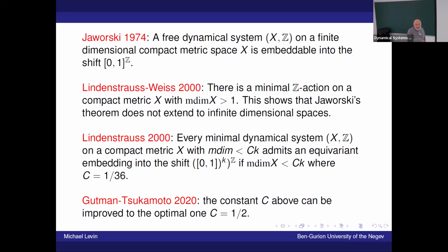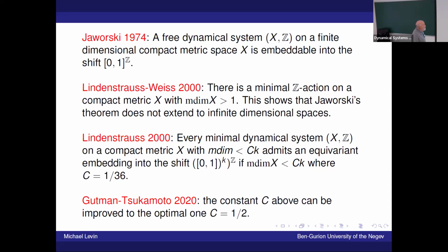By the results that I just mentioned, such a dynamical system does not embed into the shift on the [0,1] interval.